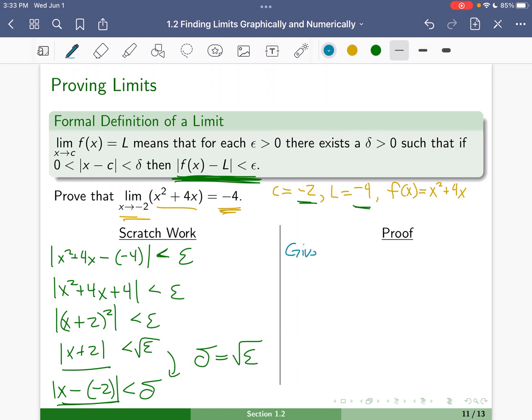Given epsilon greater than 0, let delta be equal to the square root of epsilon.